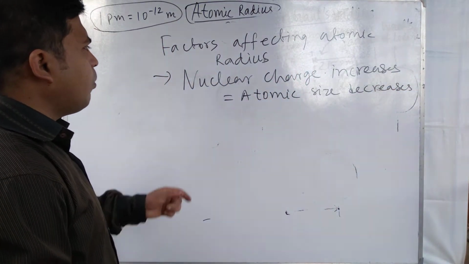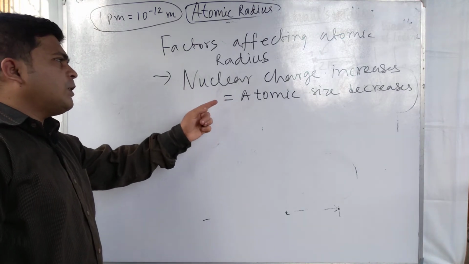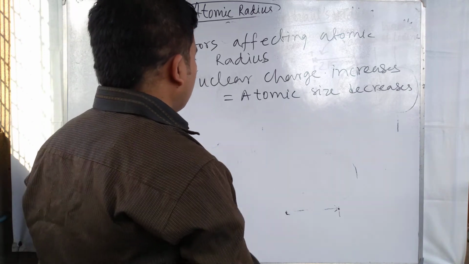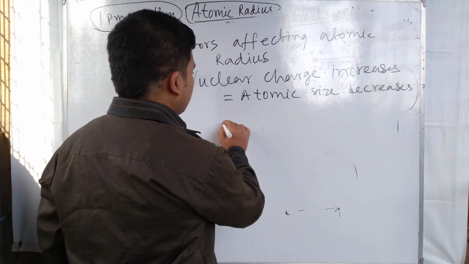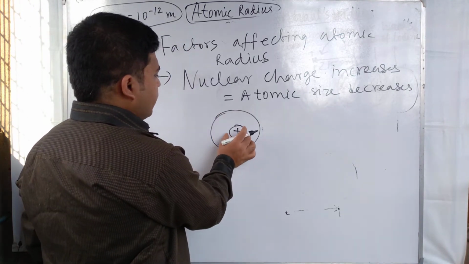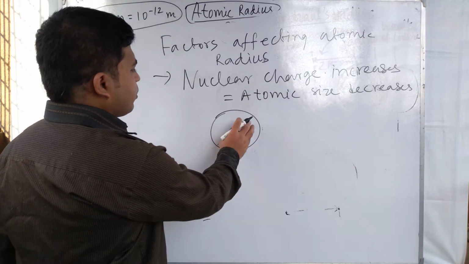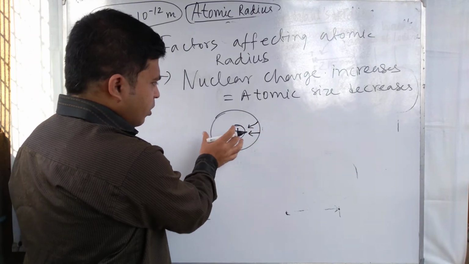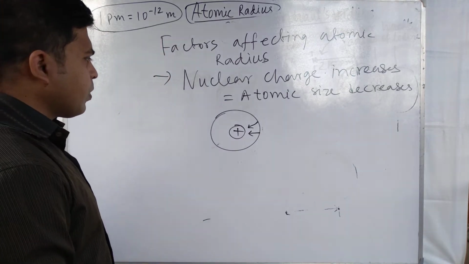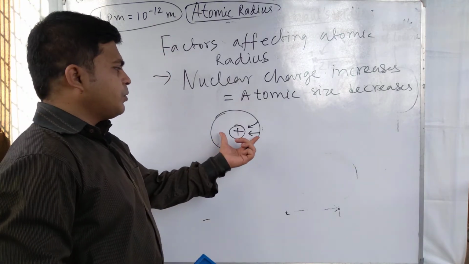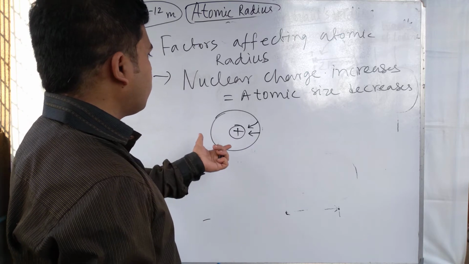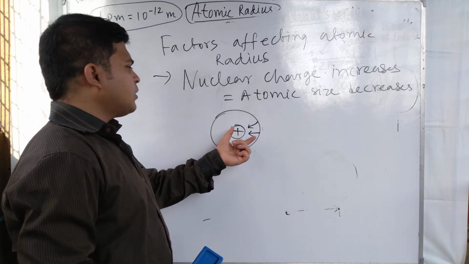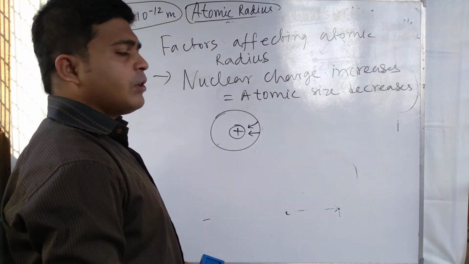You have to know that when nuclear charge increases, atomic size decreases, because the nucleus is at the center of the atom. If its charge increases, then the nuclear pull increases, and due to the presence of high nuclear charge, the atomic size gets compressed.